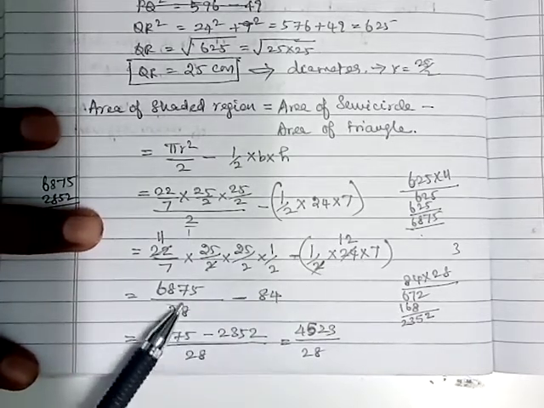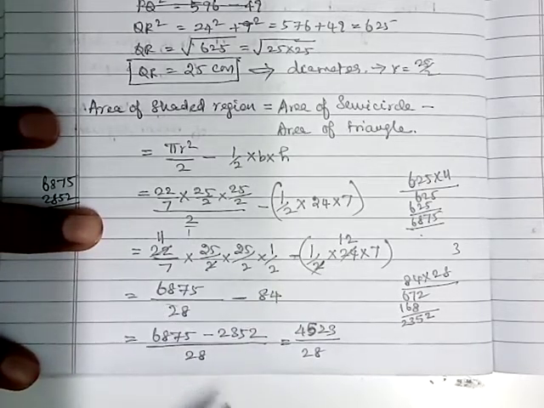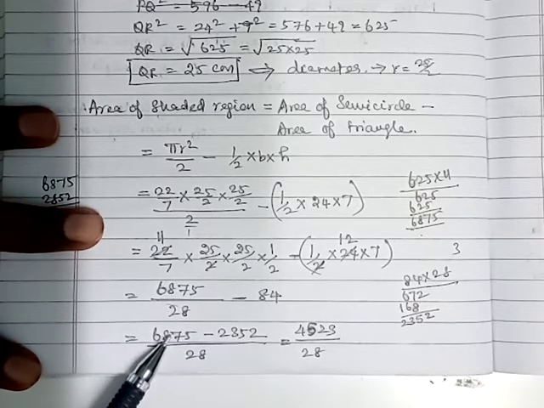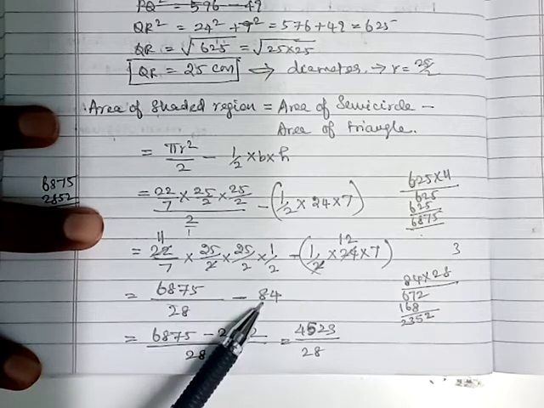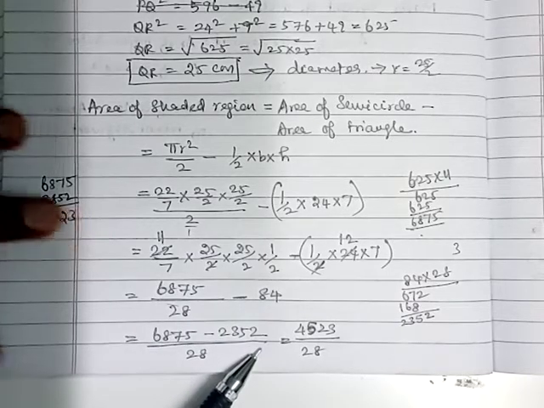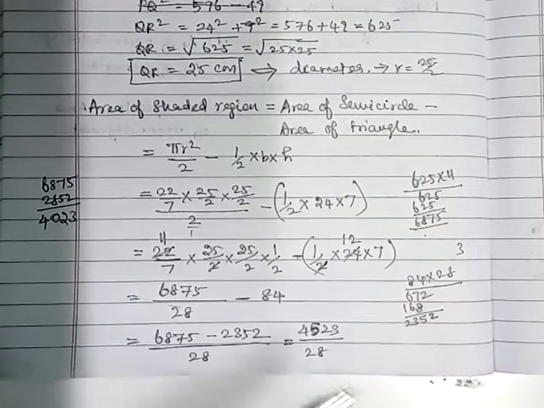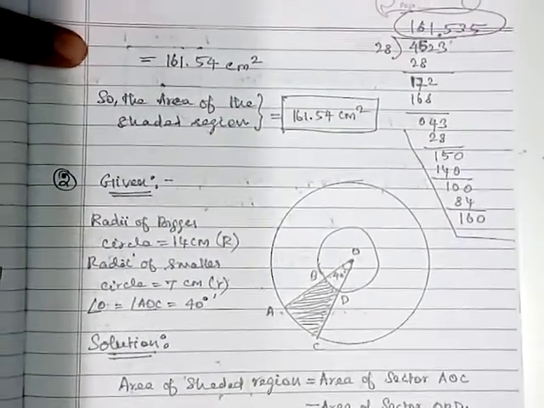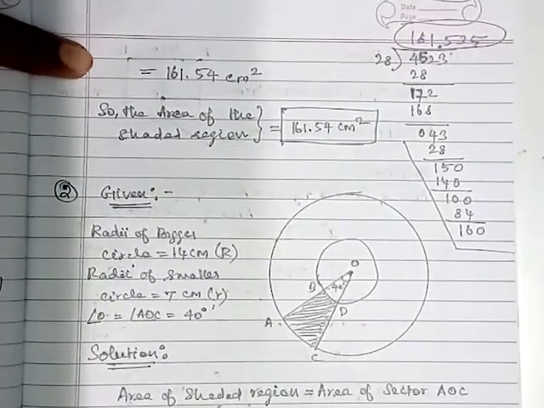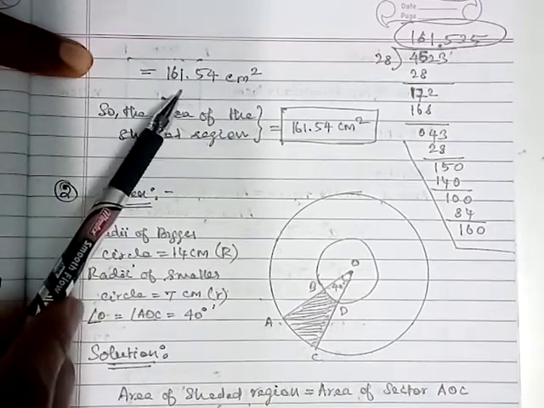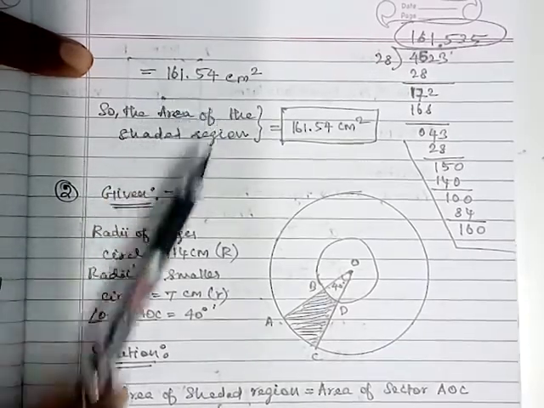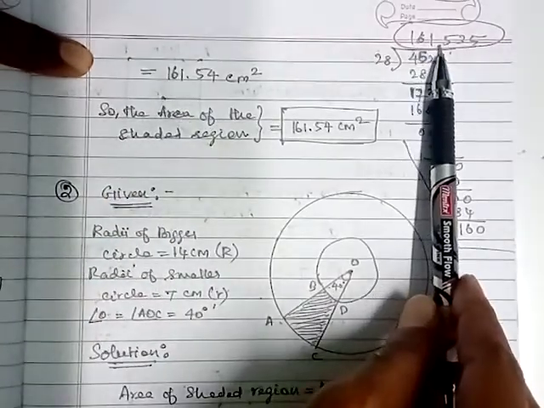So we take 28 as the LCM. 6875 minus, we have to multiply 28 and 84, that is 2352. We get 4523 by 28, and if you divide that, you will get 161.535.